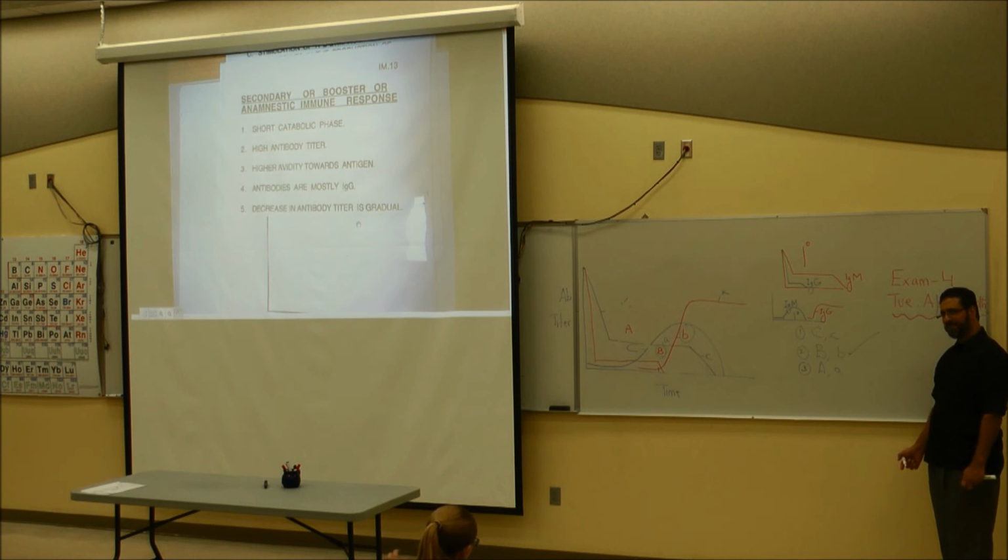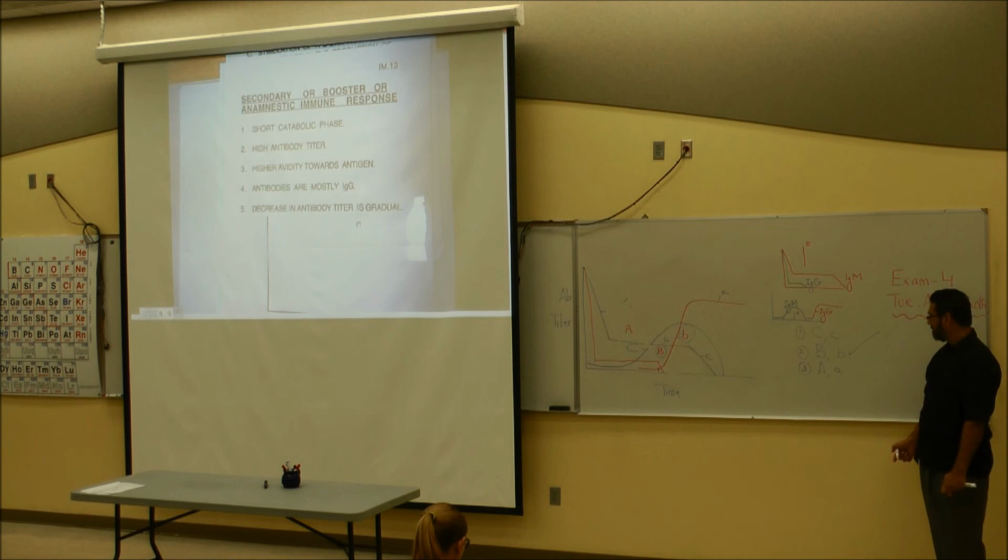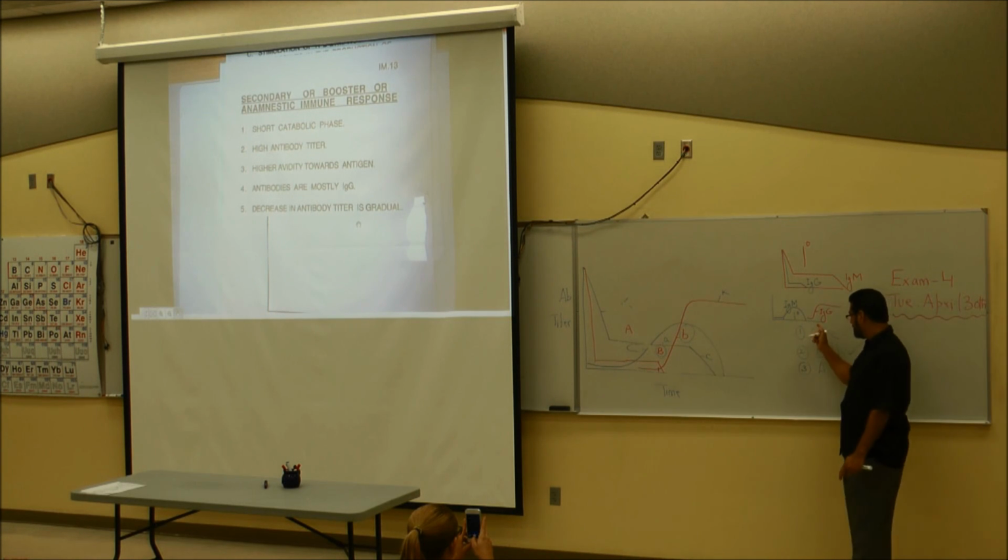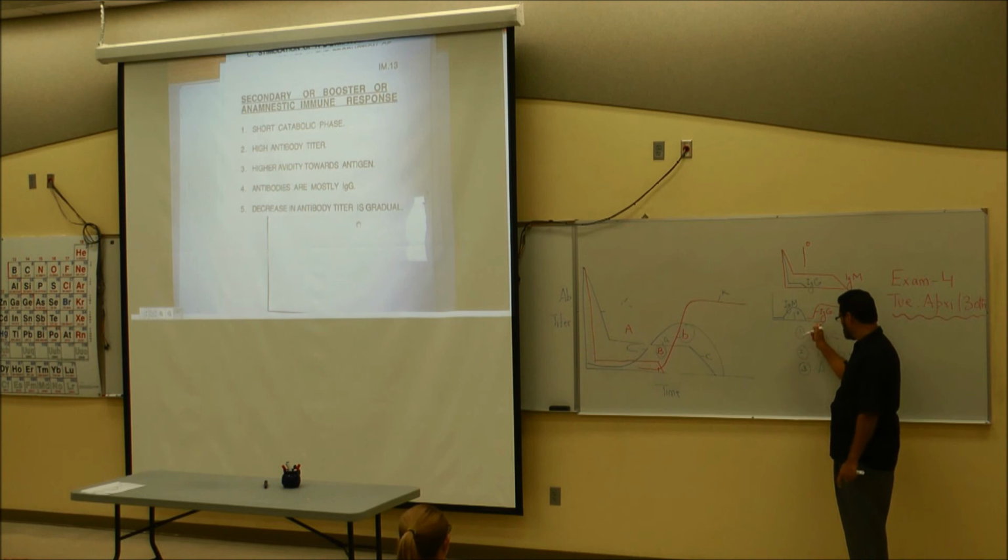When you look at the shorter lines, IgG is always going to be shorter on the secondary. Shorter catabolic phase, exactly.